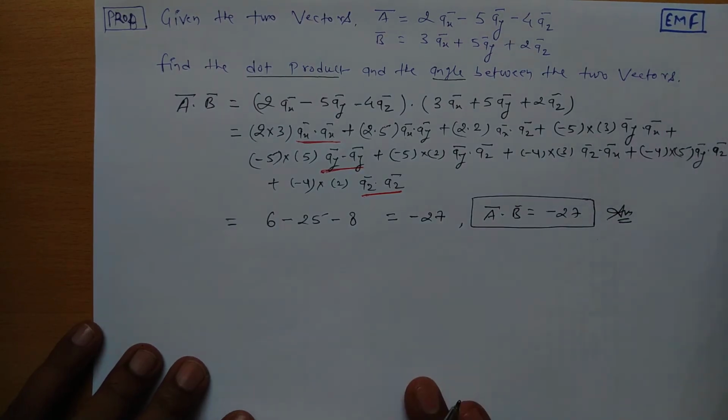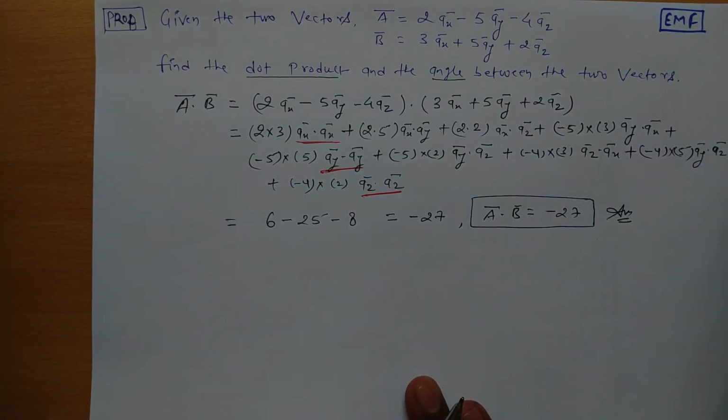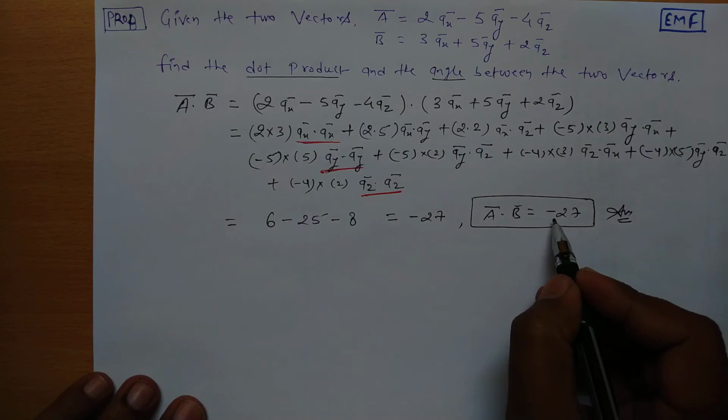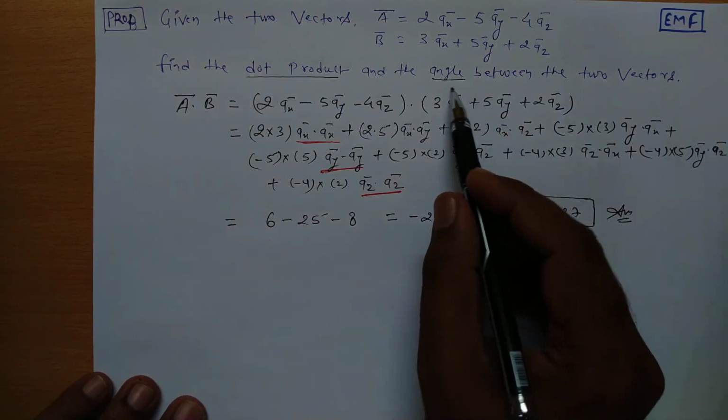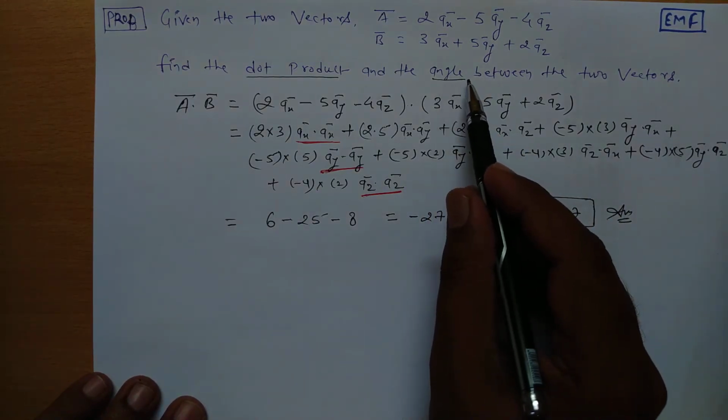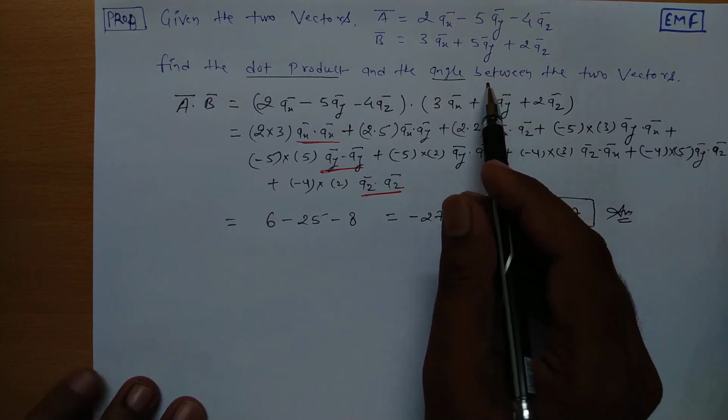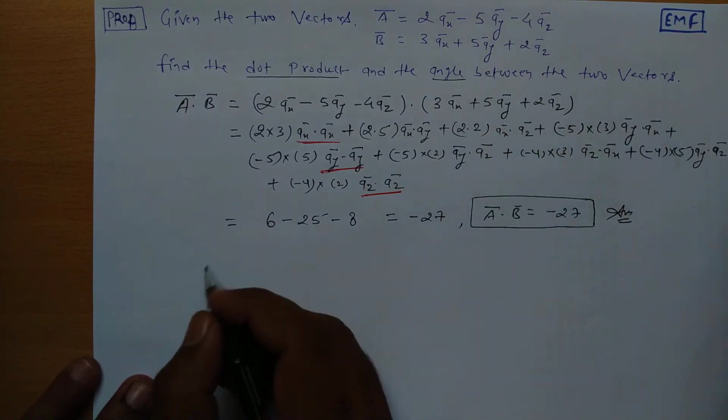Also, if we are clear about the concepts of the dot product, then we can say that if the dot product value is coming negative, then the angle we need to find in this problem will definitely be more than 90 degrees. Now I'll find this one.